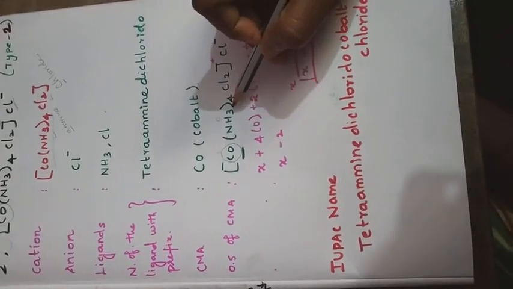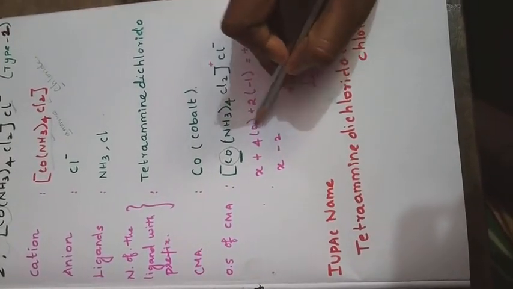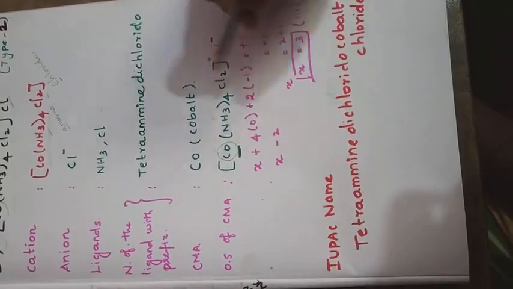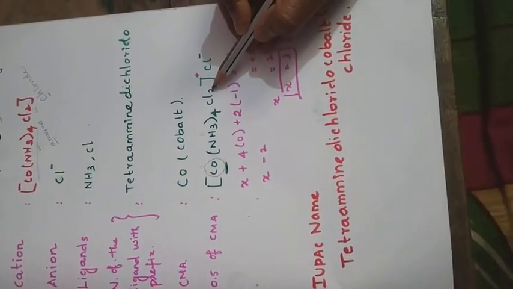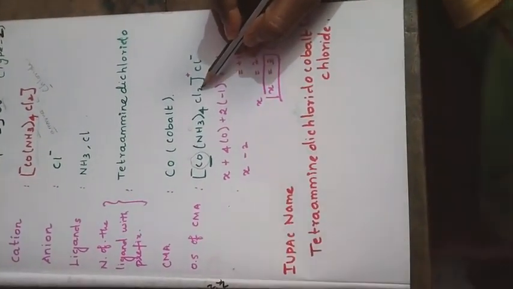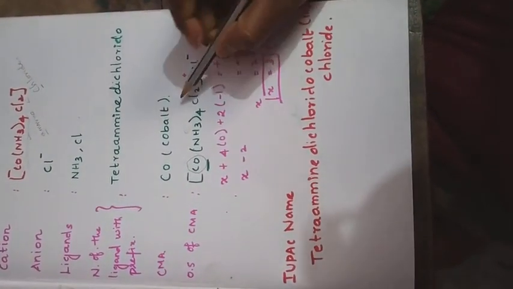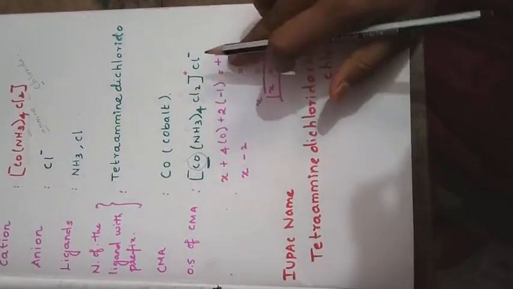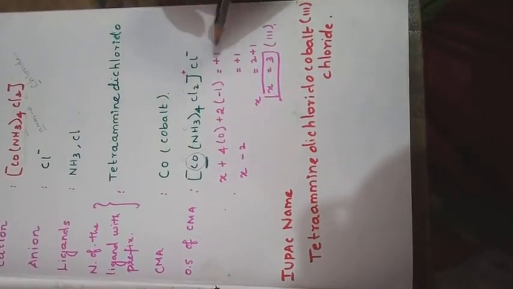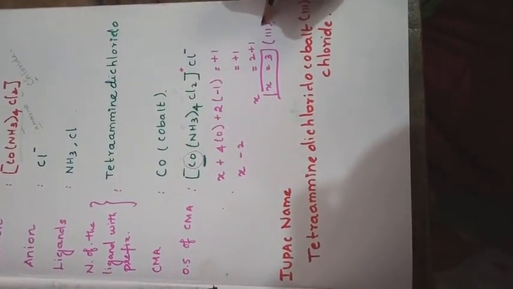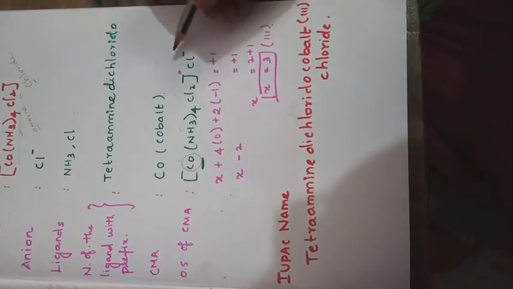So how many amine groups are there? 4 amine groups multiplied by its oxidation state. And how many chloride groups are there? 2 chloride groups. It will be multiplied by its oxidation number. For chlorine the oxidation number will be -1. If you do the simple calculation then you can find out the oxidation state at last.